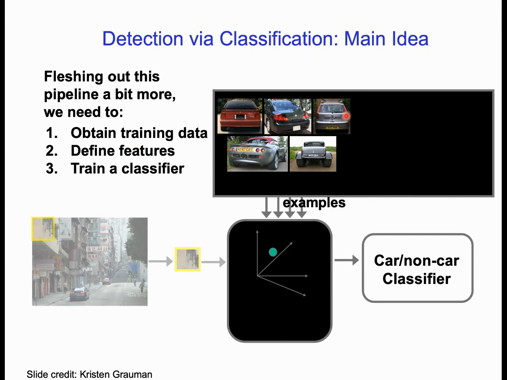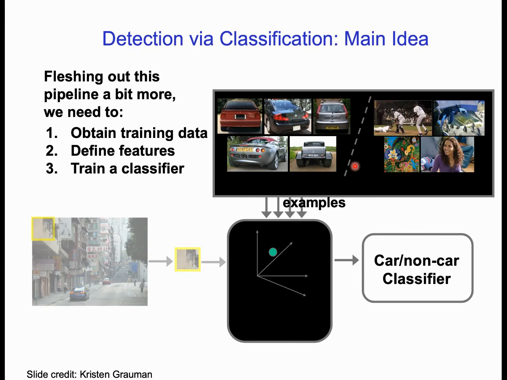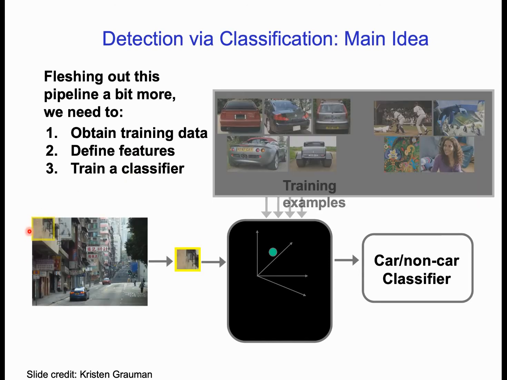For example, if I'm actually interested in detecting cars, I create a training data set of cars and non-cars. And the presence of the negative examples is very important to be able to decide whether there is no car in a certain scene or not. Then using these examples, I define certain features and I train a classifier.